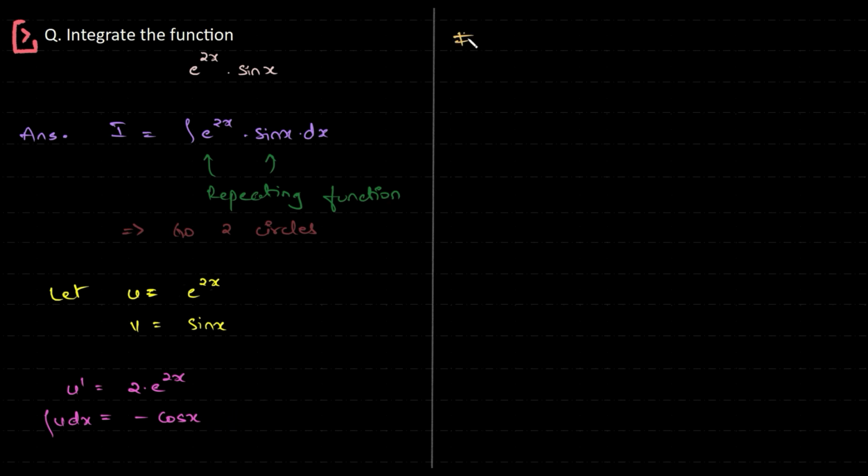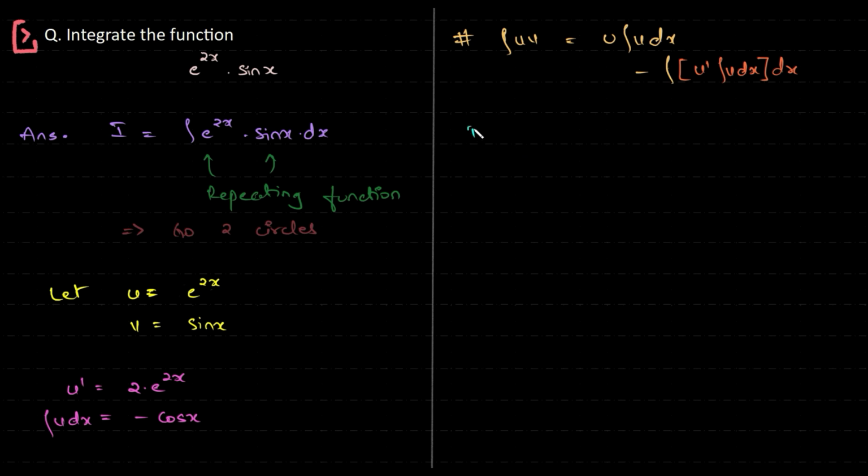And now let's list the formula. So integration of uv is equal to u integration of v dx minus integration of u prime v dx dx.